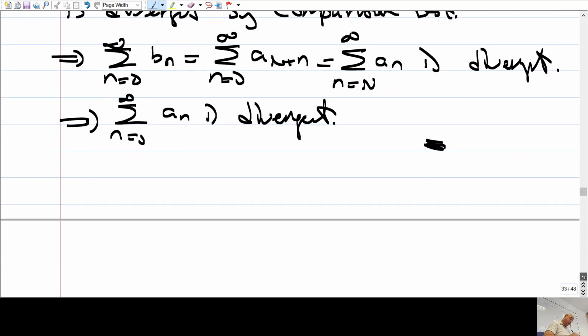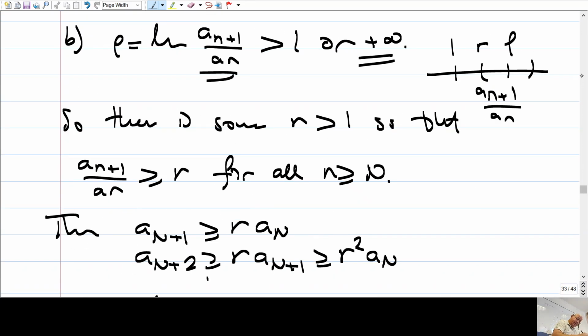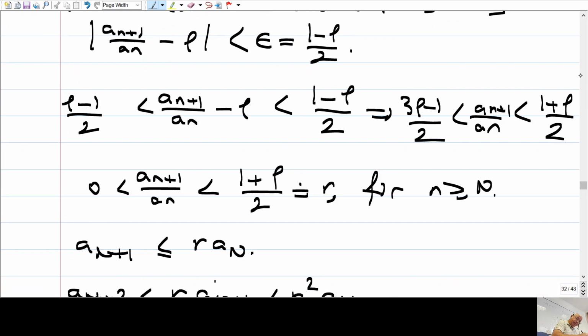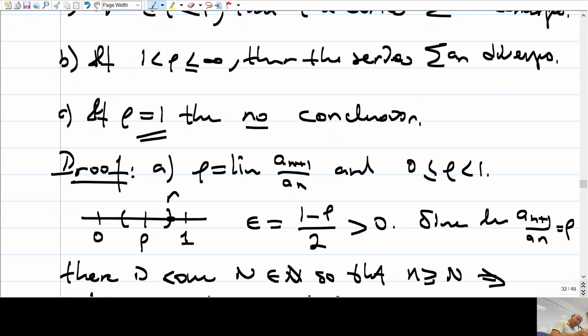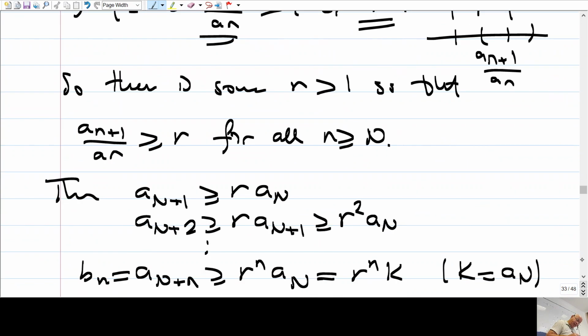Before I pass to some examples, let me remark the following. For part C of the test, if rho equals 1, then there's no conclusion. Let's see why this is the case.